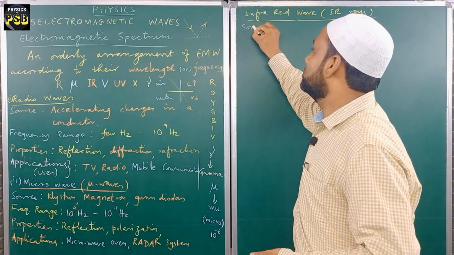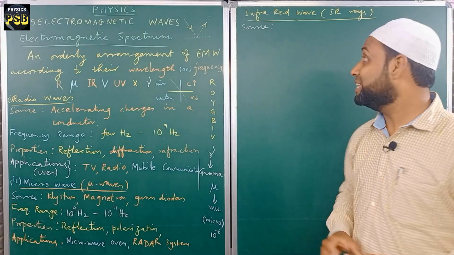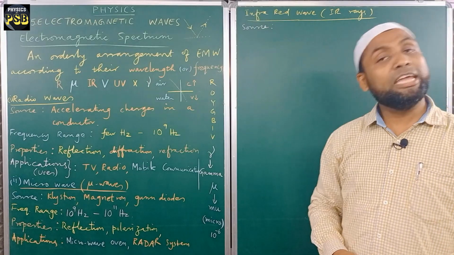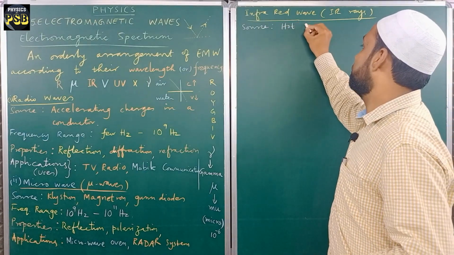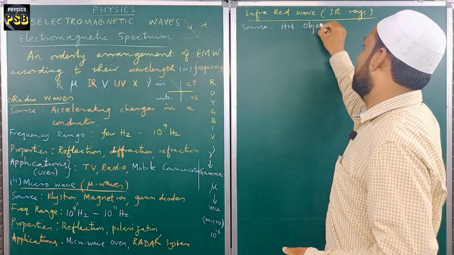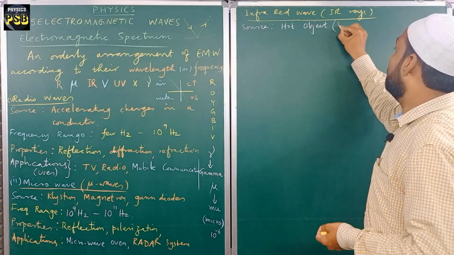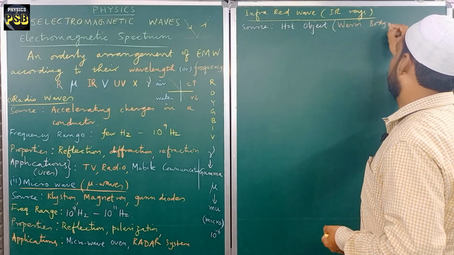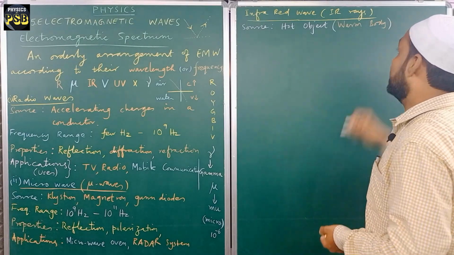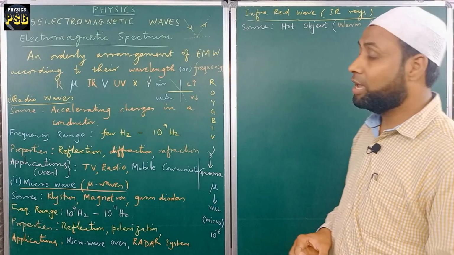First, the source. Any hot object, any warm body, is a source of infrared rays.